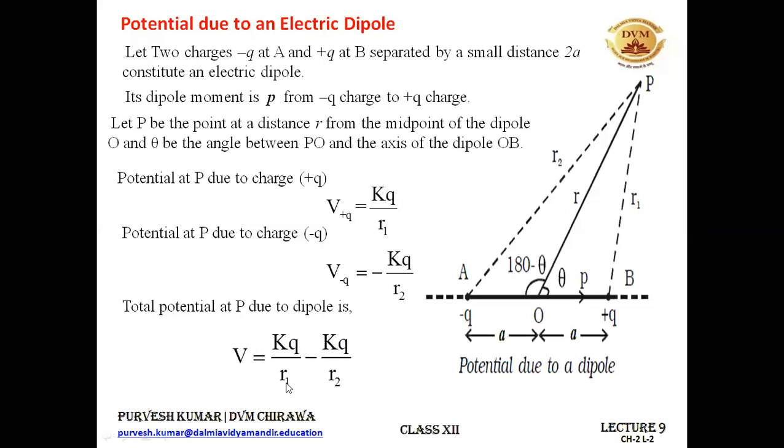That's why I've written kq upon R1 minus kq upon R2. I hope it is clear why I have written this capital V, the total potential, as the sum of these two potentials: because it's a scalar quantity and we add scalars directly. The algebraic sum of the potentials because of a number of charges at a given point is the total potential at that point.